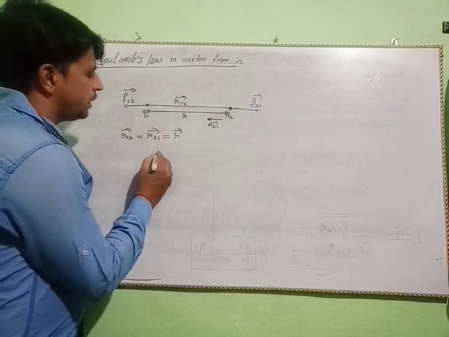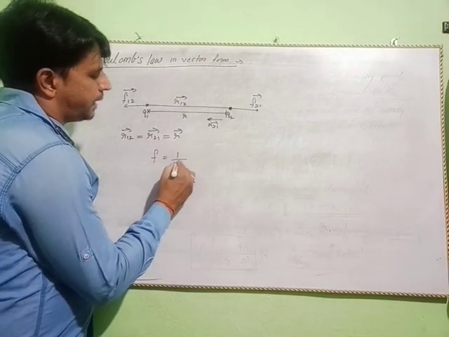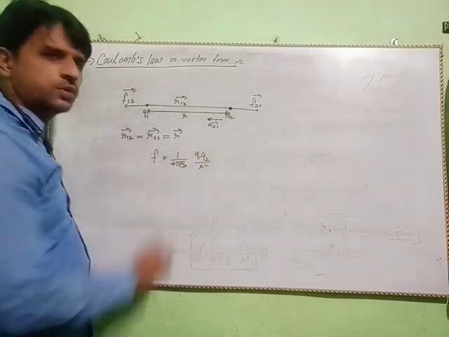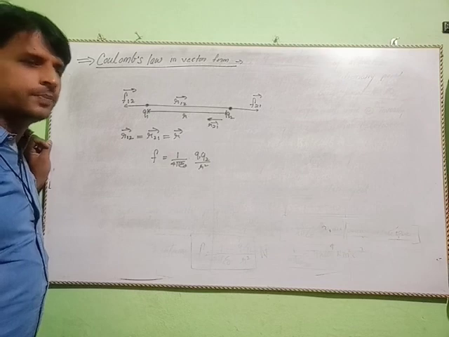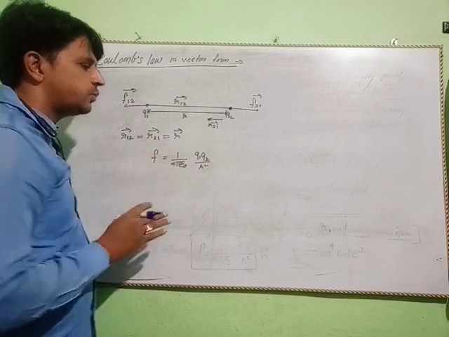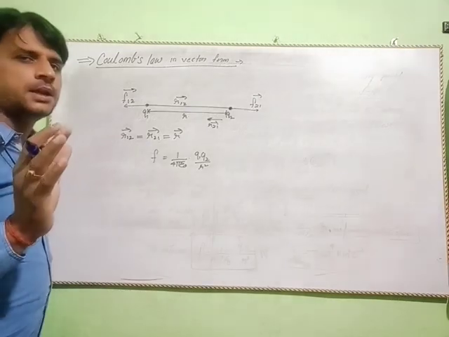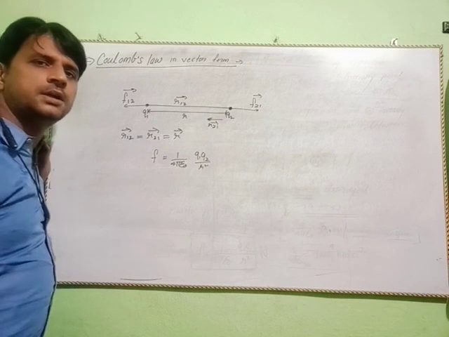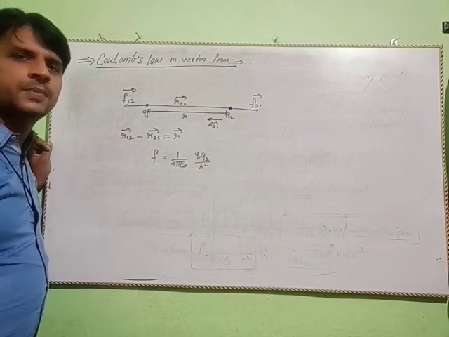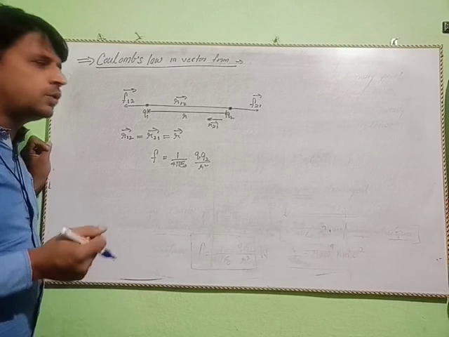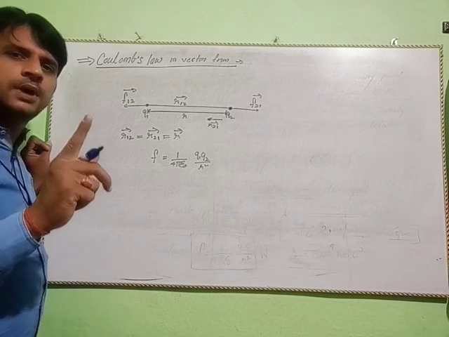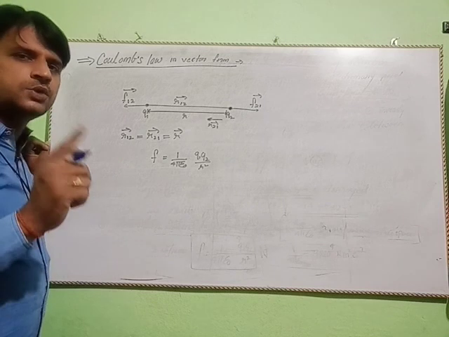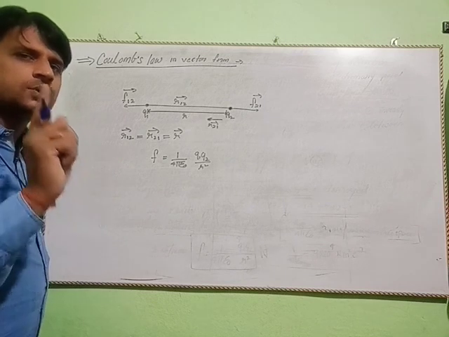So as we all know, फोर्स हमारे पास 1/4 pi epsilon naught Q1 Q2 upon R square. This is the force we had calculated by Coulomb's law. Now this is the magnitude of force. For direction, simplest तरीका, the most simplest technique is just to multiply a unit vector in this magnitude. And now what is this unit vector? Unit vector is a vector whose magnitude equals to 1 and it has only direction. यही क्लास 11 में आप लोगों ने पढ़ा होगा कि a vector whose magnitude is 1 and it has only direction.